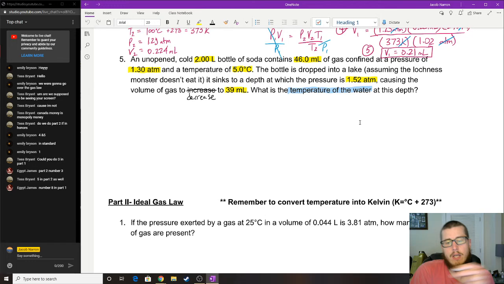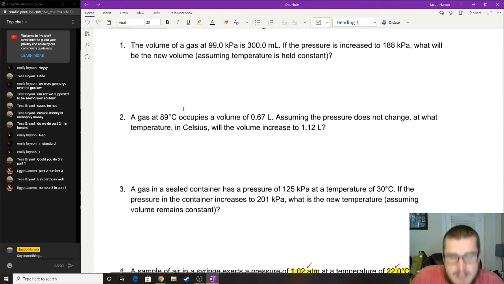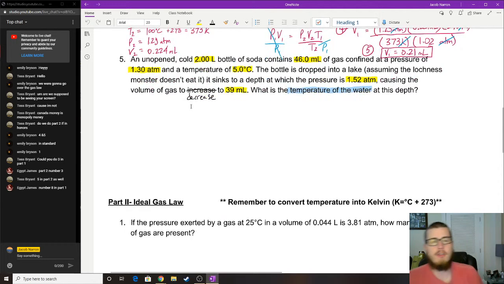So because we're doing gas math, let me double check. Is this a gas worksheet? Yes, it is. Gas laws. So I don't care about the other liquid stuff. I am only interested in this number right here, and this number right here when it comes to volume. So that 2 liters is a trap. Okay, insert Admiral Ackbar meme here. So cold 2 liter, we don't care.